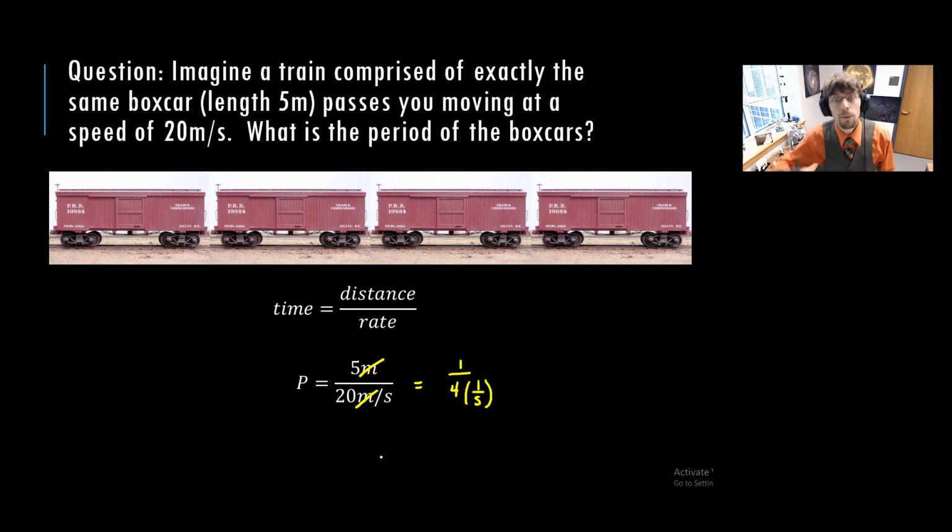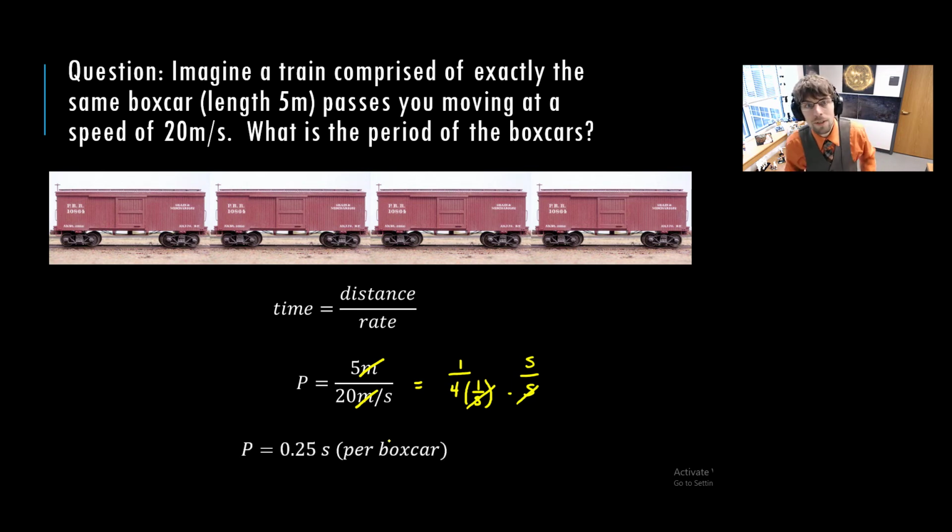And if I want to get those seconds into the numerator, you multiply both top and bottom by seconds. And I have in the denominator 1 over seconds times seconds, so that cancels out. And I have seconds in the numerator. So what do you get? You get a period of 1/4 of a second. If you wait exactly 1/4 of a second, the train repeats.